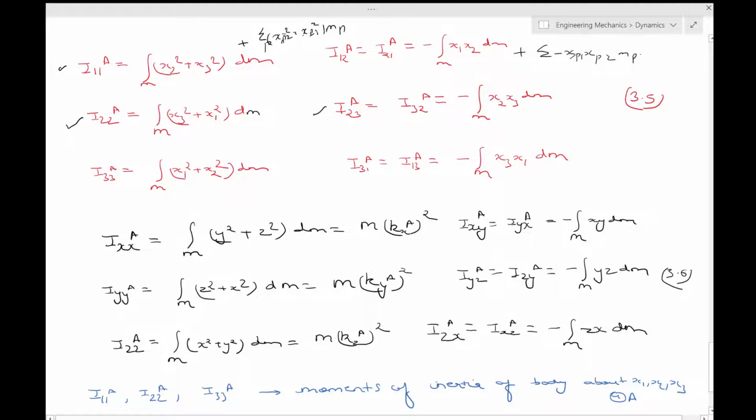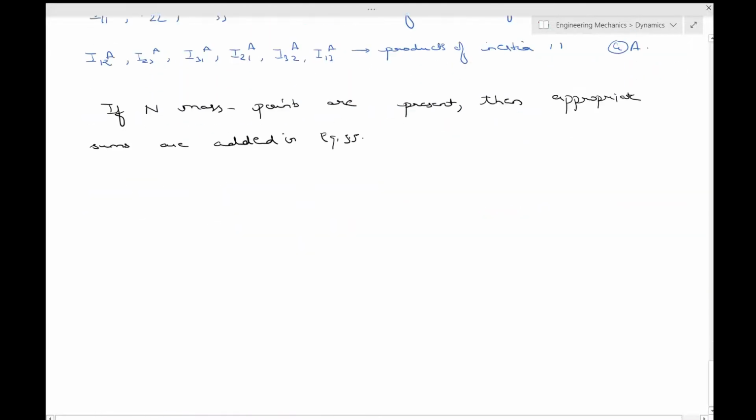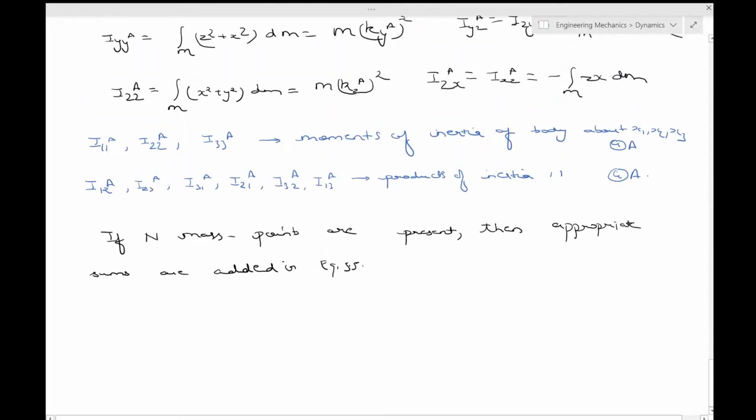So you can keep on adding the terms in all of these, if there are these mass points remaining. What will happen is that you may know this answer directly, but the geometry of the problem or the rigid body itself will have some exceptional or extra mass points, so you can add their contribution to this inertia separately. Okay, equation 3.5.